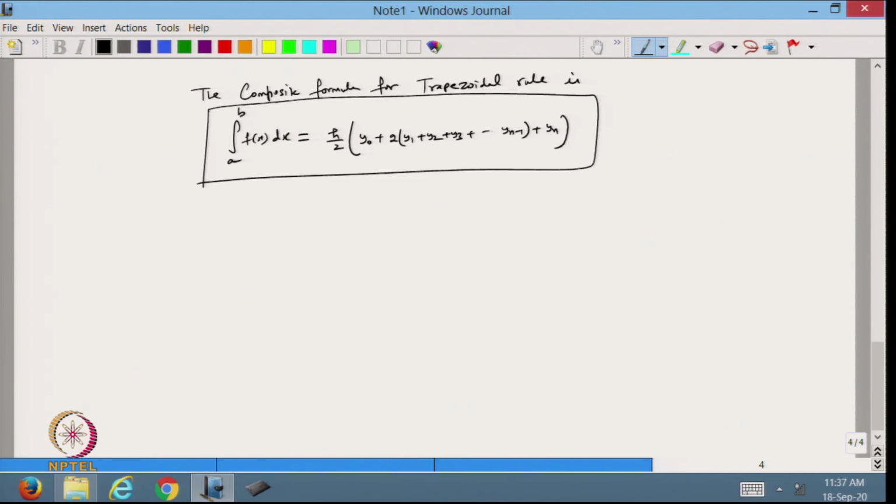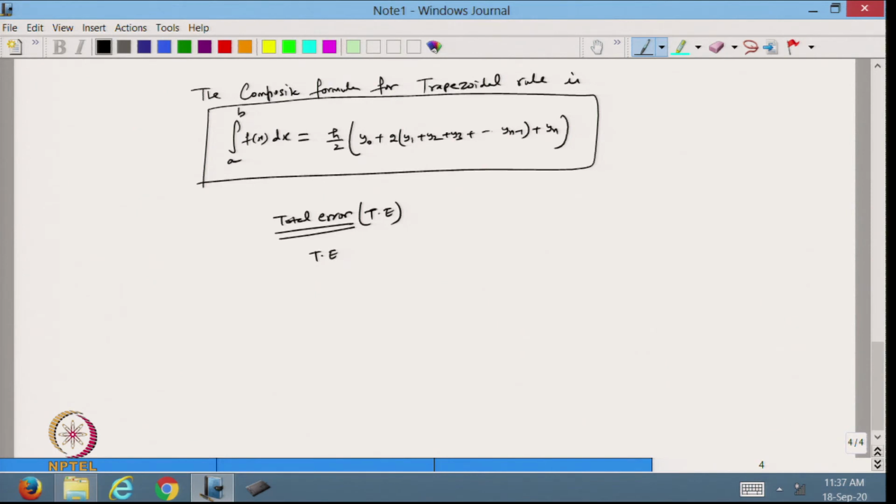And what about the error in this case? Of course, the errors will be added, so I can write the total error, TE. How can I find the total error?